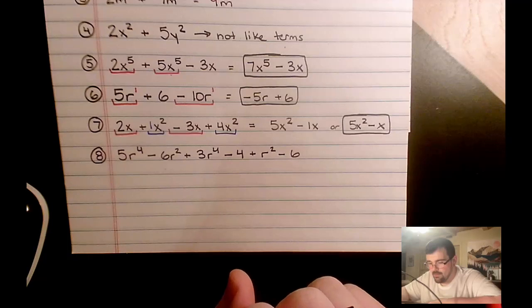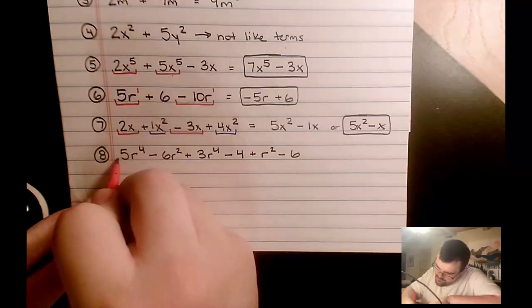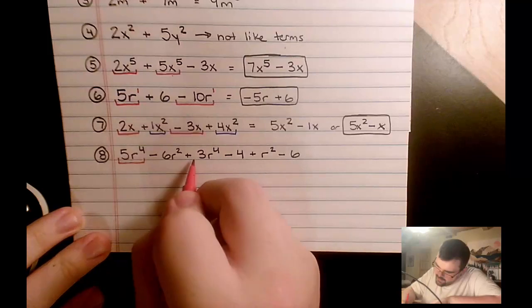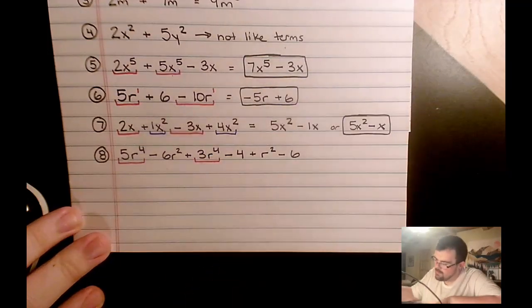Okay, so I've got several pairs of like terms now. I've got 5r to the fourth and positive 3r to the fourth. There's no other r to the fourths.